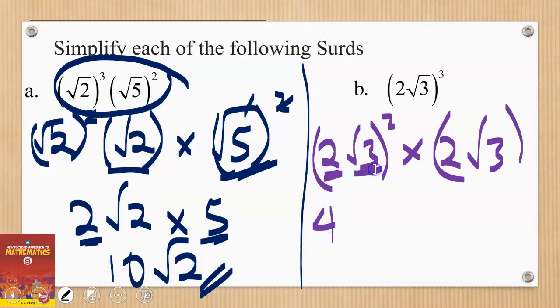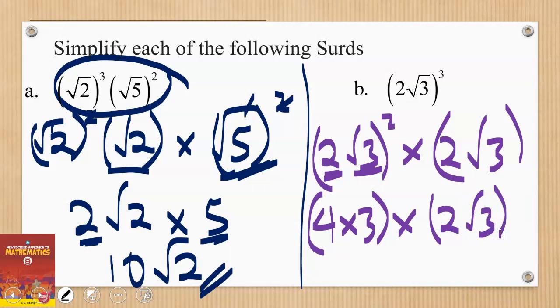When we square root 3, the root will cancel the square, so we'll be left with 3. So that is the first part. Then times, here we have 2 root 3 as it is, we can leave it like that. Now we can multiply 3 times 4, which is 12, and 12 times 2 will give you 24. Then we keep our root 3, and that becomes the answer. I hope it makes sense.